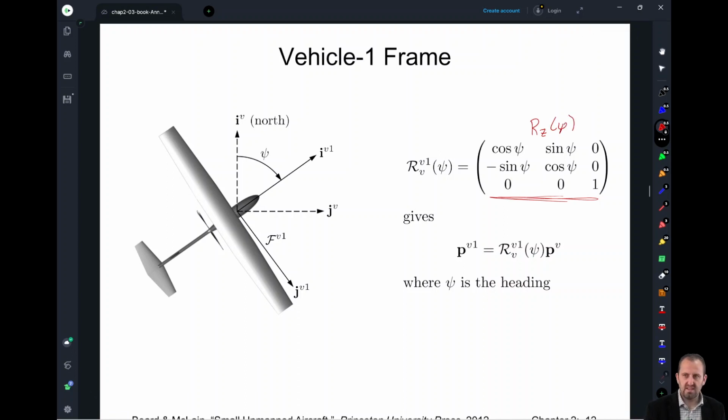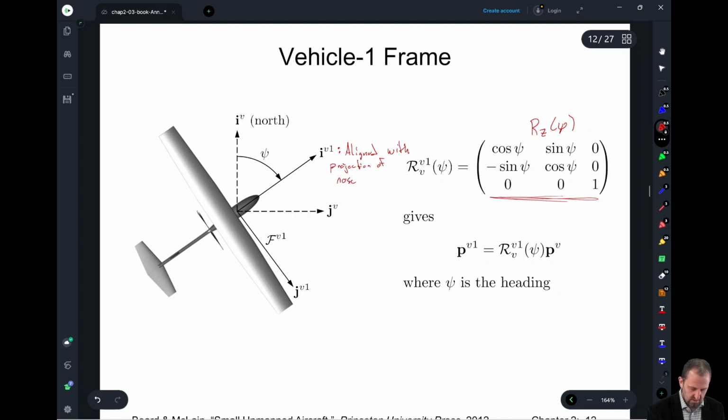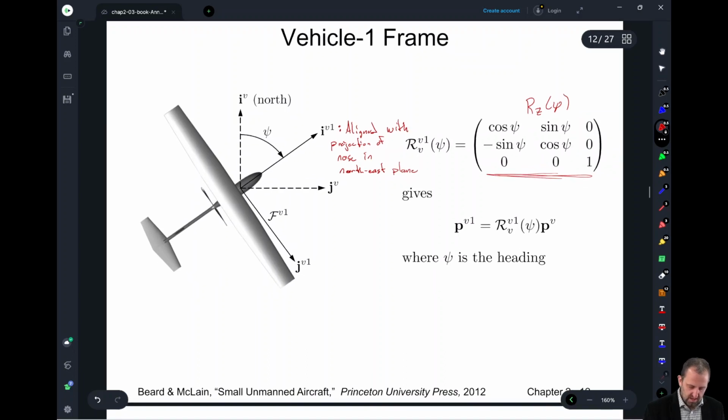The goal is that if we project down, looking from the top down, the vector I in vehicle 1 will be aligned with the projection of the nose in the northeast plane. We're just going to do that by what's called our heading angle.